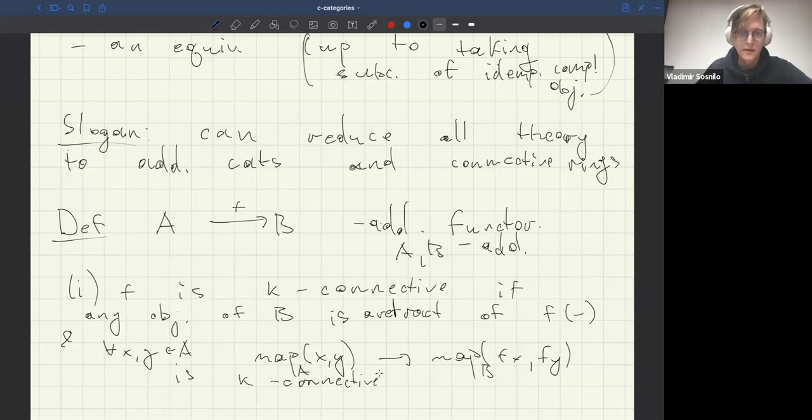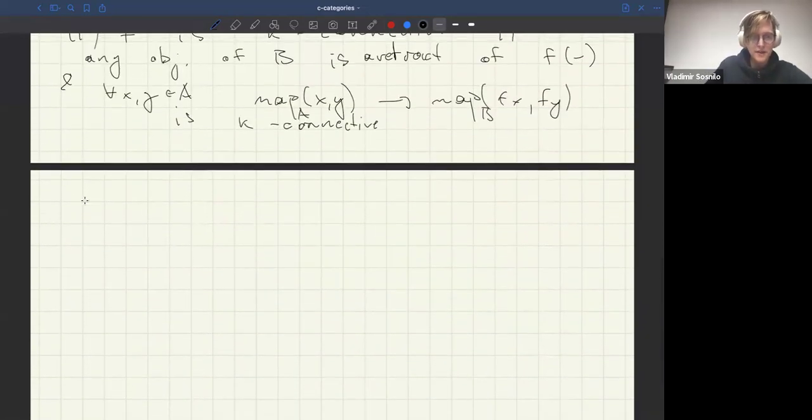And the second definition that you can make is that of a nilpotent extension.